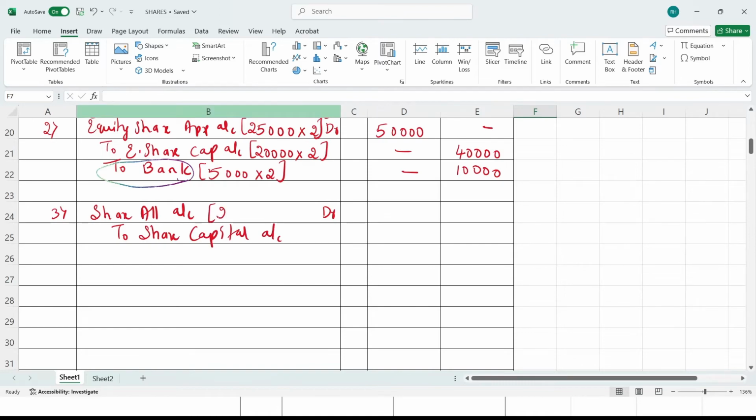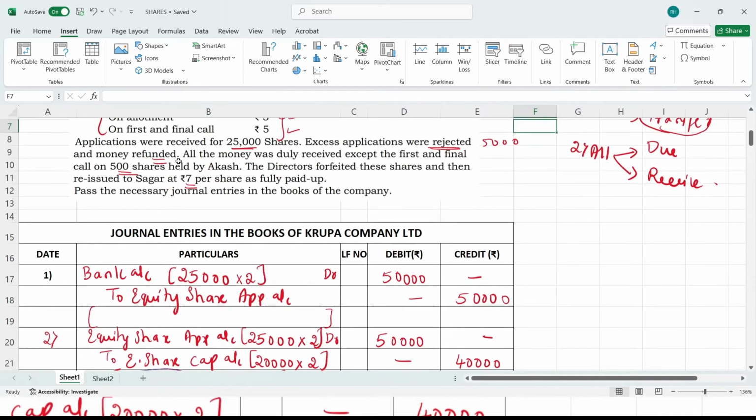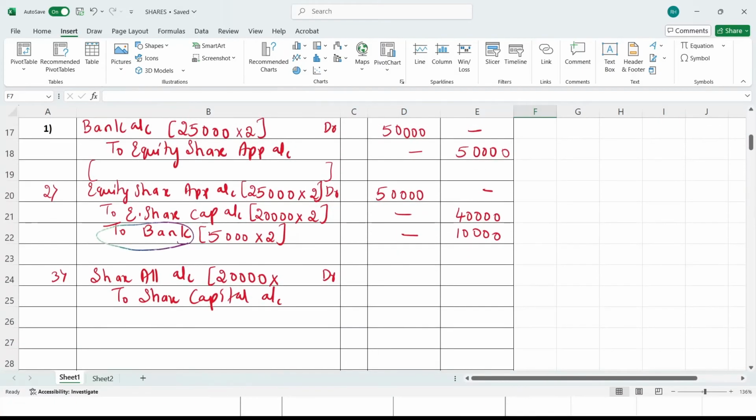Now you have to take only 20,000. 5,000 you have already refunded, you have given it back. 20,000 into the allotment money. How much is the allotment money? Allotment money is 3 rupees. So 20,000 into 3 comes to 60,000 and 60,000. Now the due entry is finished.